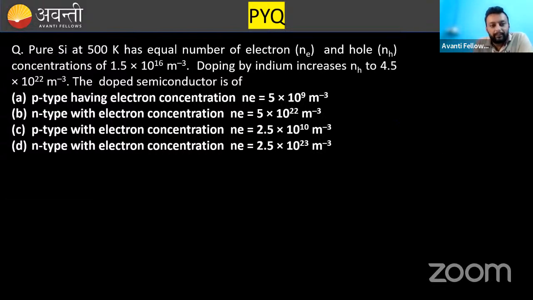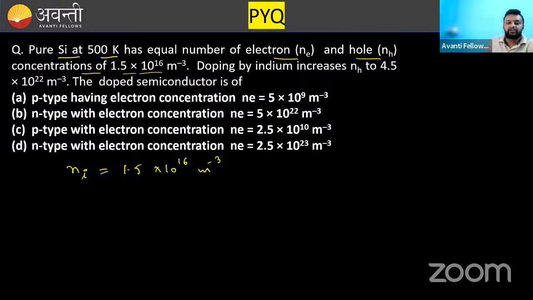The question says pure silicon at 500 K has equal number of electrons and holes. That means Ni, the intrinsic concentration, is given, that is 1.5 into 10 raised to the power 16 per meter cube. This is the density, or you can say concentration.